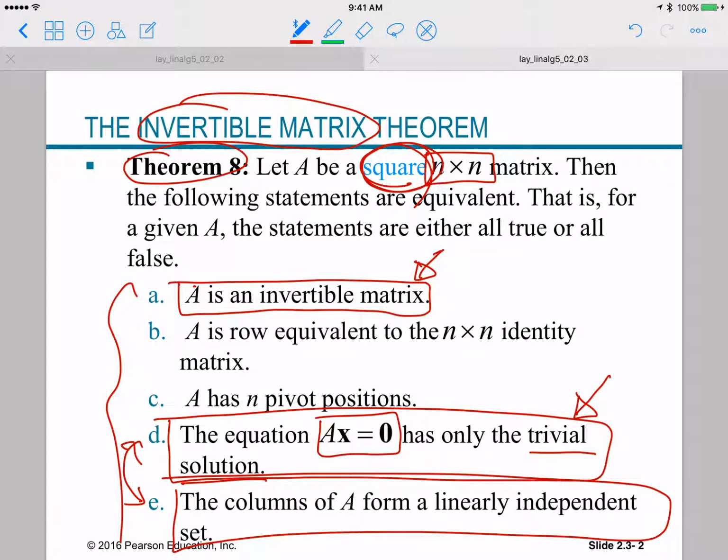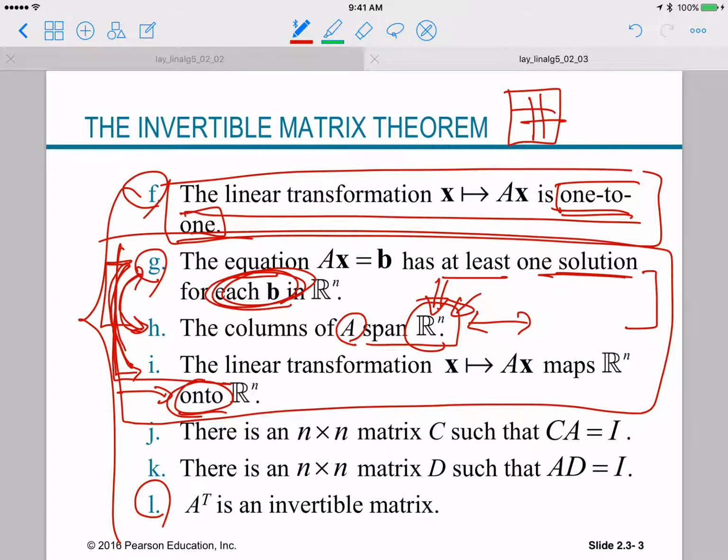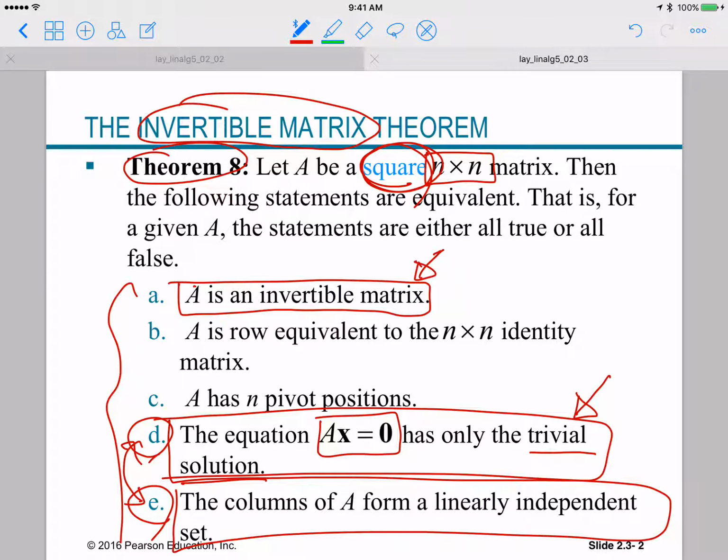And then D, E, and F, all these three are also one set of logically equivalent statements, right? Then A has n pivot positions. So we basically have two groups, okay?